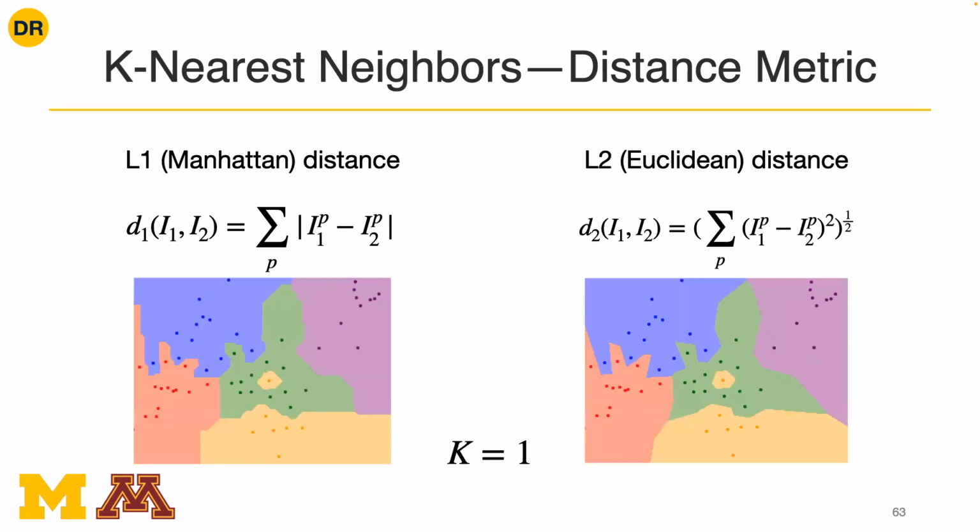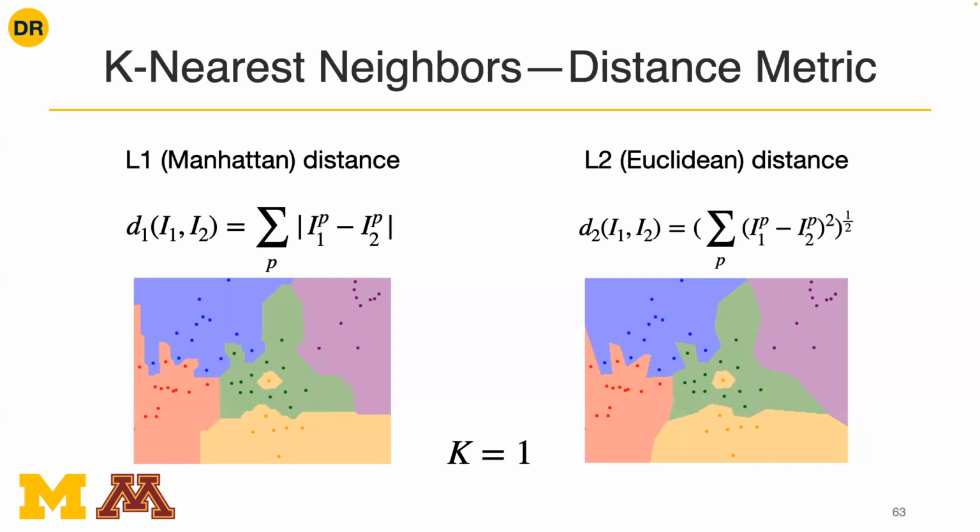So to visualize, for example, how the performance of k-nearest neighbors would change if you use different metrics, there's this plot here. One thing that's kind of interesting is it actually turns out that the geometric properties of the decision boundary can be informed by which distance metric you use.